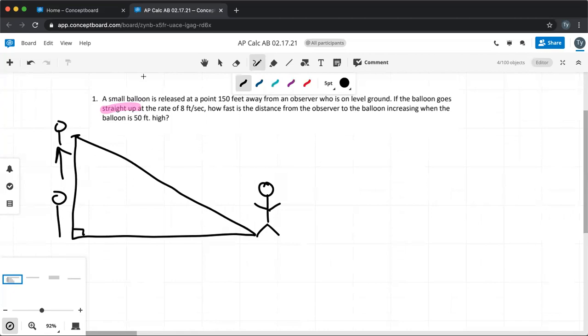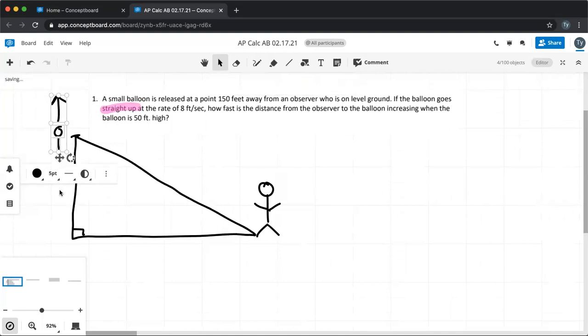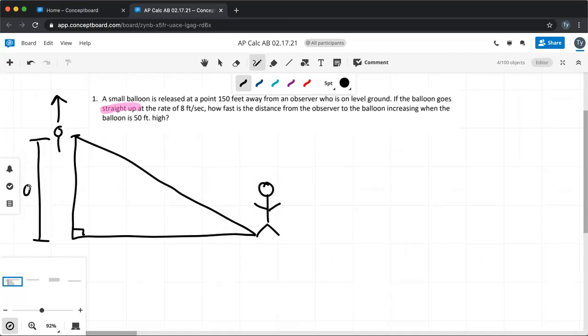So the distance from the balloon to the ground, we can call that distance A. From the given information, we know that the small balloon is 150 feet away from the observer on level ground at that starting point.